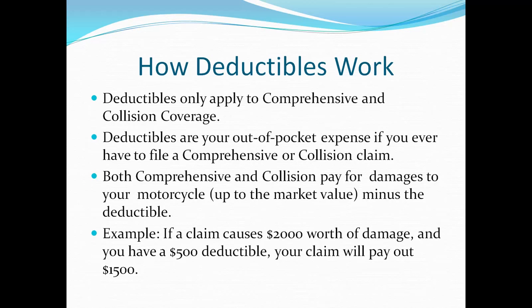So for example, let's say you have a claim that's $2,000 worth of damage and you have a $500 deductible. Your claim's going to pay out $1,500, the difference. And so deductibles have an inverse relationship with price, meaning the lower deductible, the higher the premium, and vice versa.